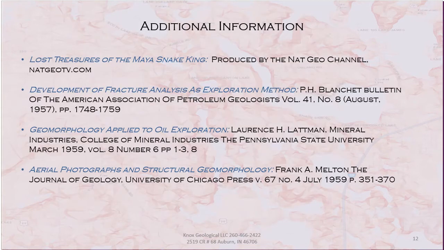Next is an article by Frank Melton. It's aerial photographs and structural geomorphology. And Frank Melton really goes way back. He was doing this surface work back in the mid 20s, even before the advent of aerial photography. So he was taking contour maps and then drawing in the stream flow and making analysis from that.